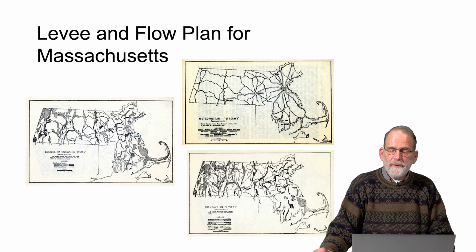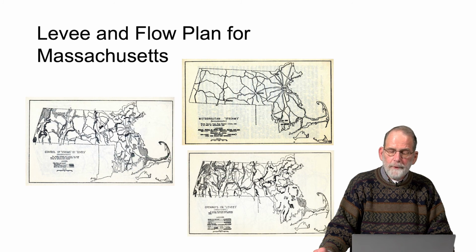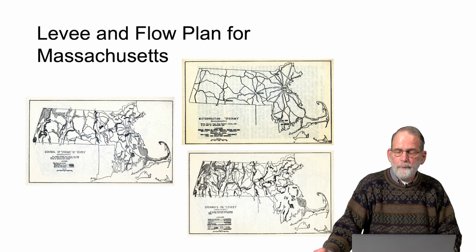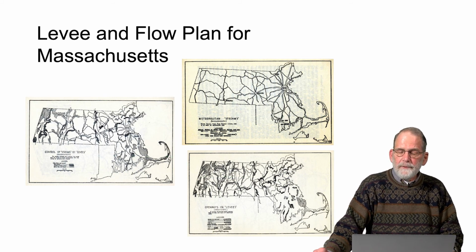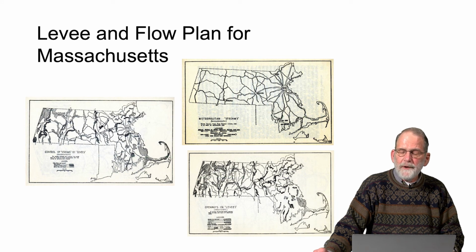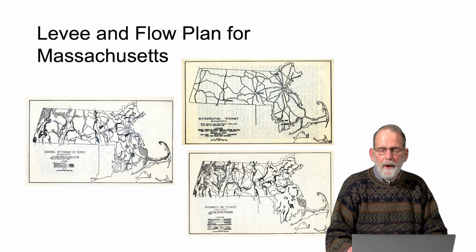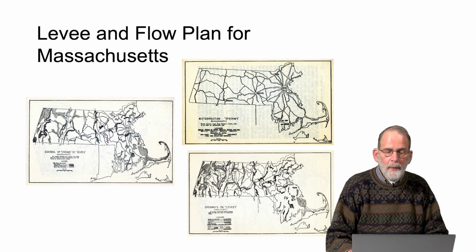We see the natural system levees that were directing the pattern of the flow, and then we see the final map of the flows along the transportation corridors being guided by the levees created by the natural systems.